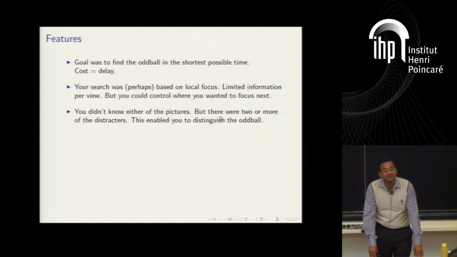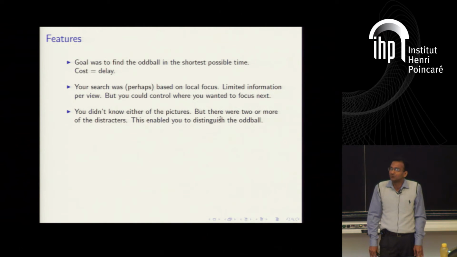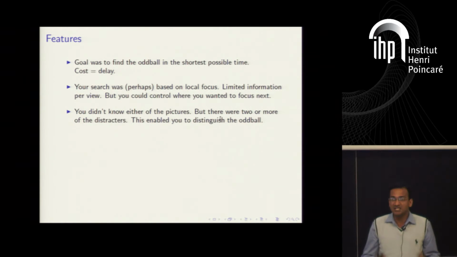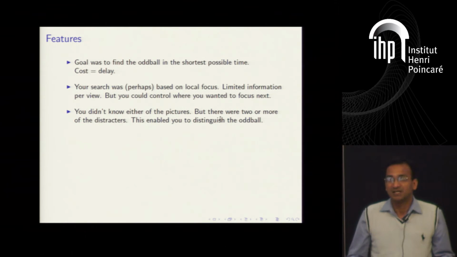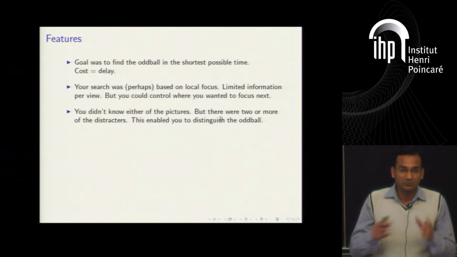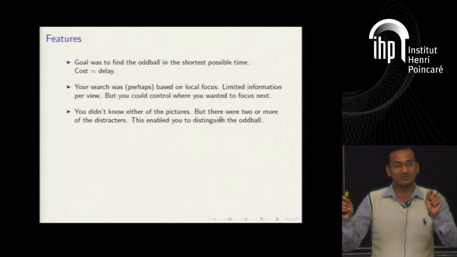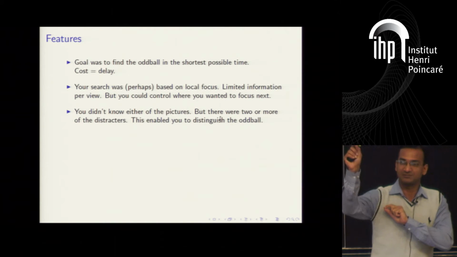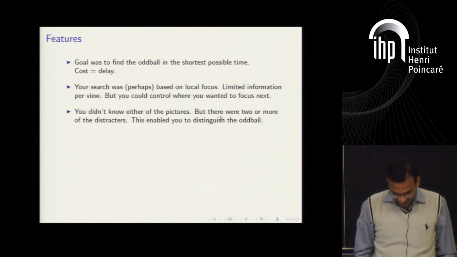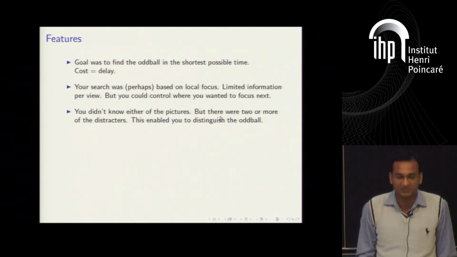A third feature is that I actually didn't tell you what the two images were. Somehow you figured that there were many images of the same variety. Of course, I gave you that information, but you figured that these two are of a similar variety and it's different from this particular image. That enabled you to distinguish the oddball image.